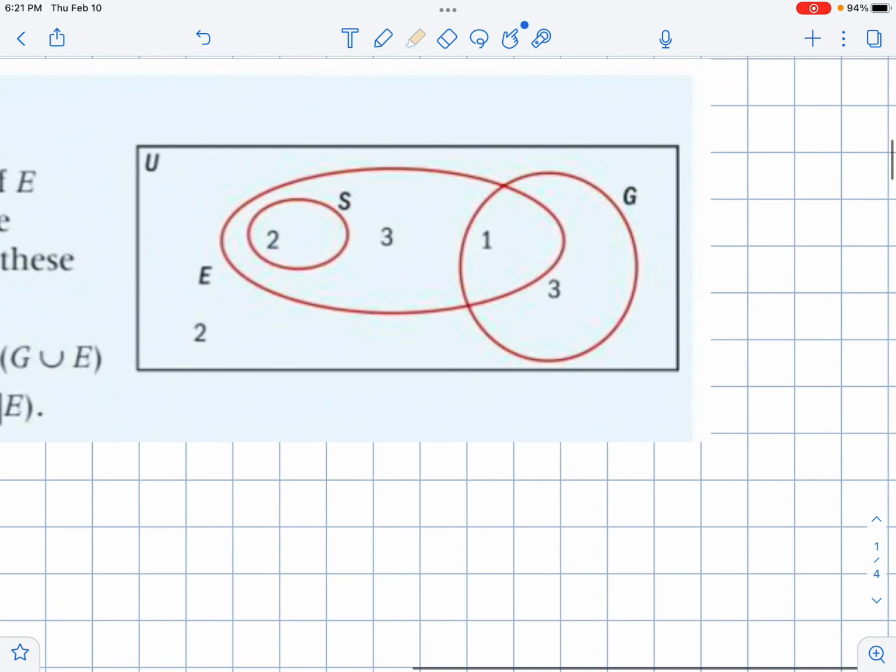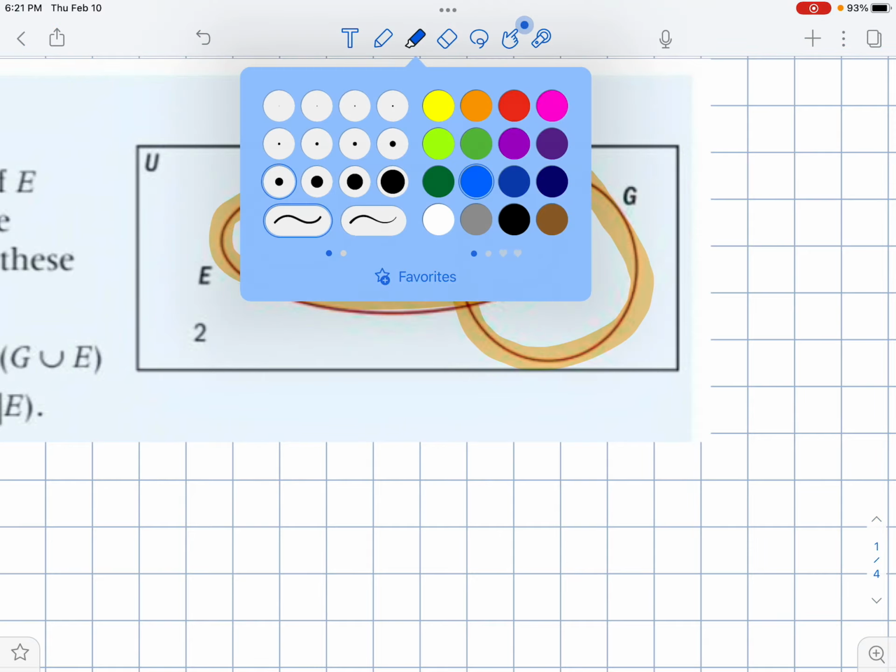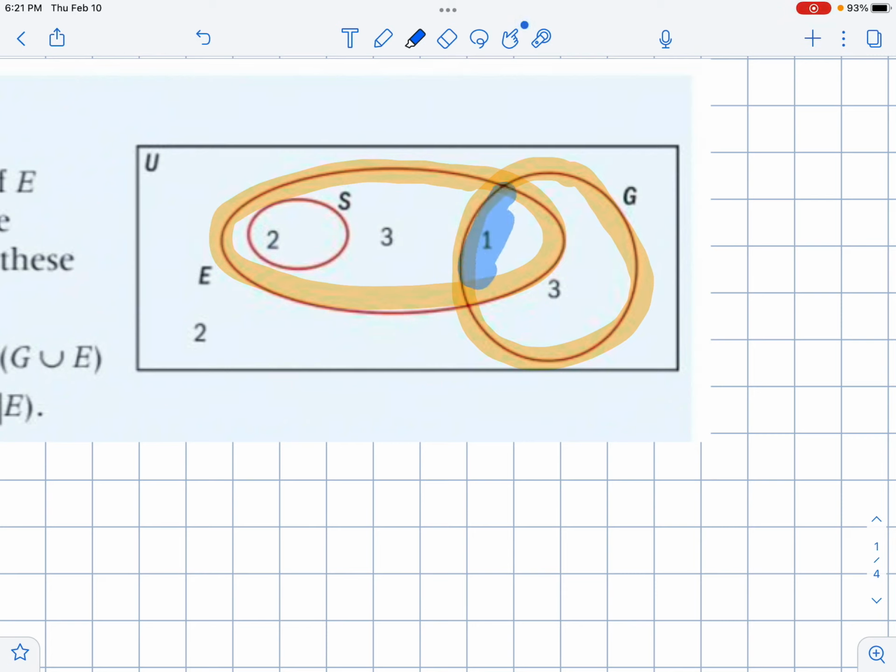If I zoom in here, G is this circle right here, and then E is this ellipse right here. So their intersection is only when they both occur at the same time. So if I was to use another highlighter, their intersection would just be this zone right here. It's only what they have in common, only what they share.